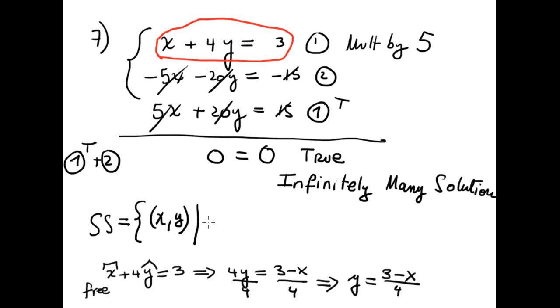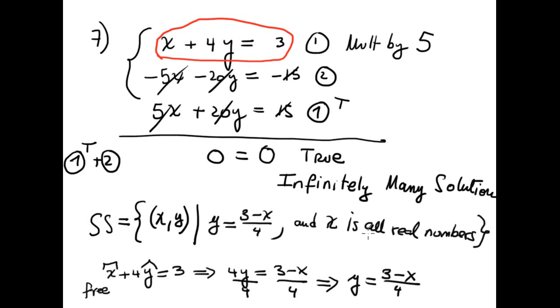It's all the points on this line such that satisfy this condition: y is equal 3 minus x over 4 and x is all real numbers, because x is a free variable, it's independent.